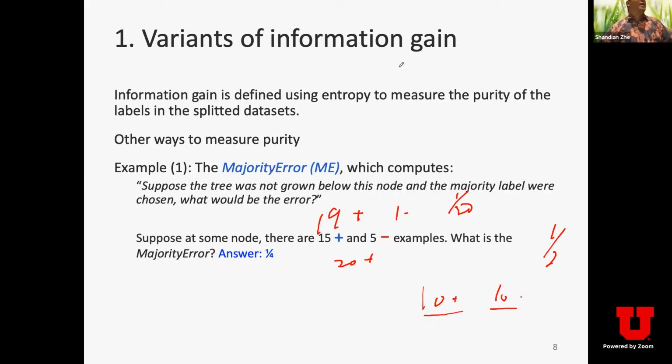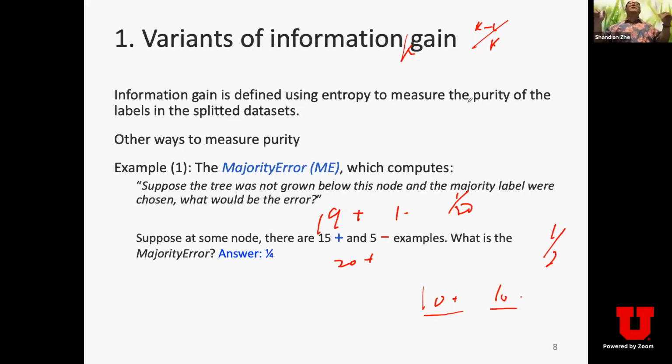I will leave it as an exercise for you. For example, if you have k classes, will majority error be bigger than, say, (k minus 1) over k? Think about that. But here we use binary cases to explain how majority error reflects the label purity.